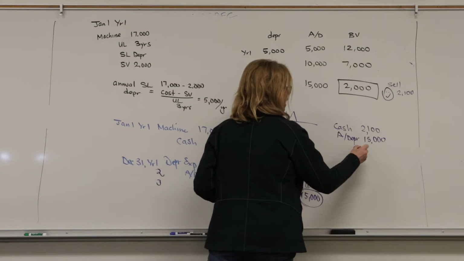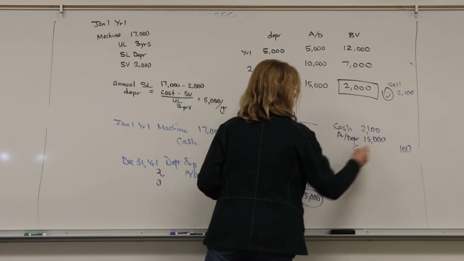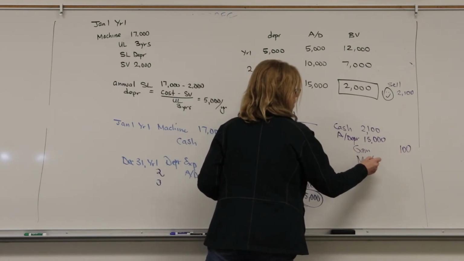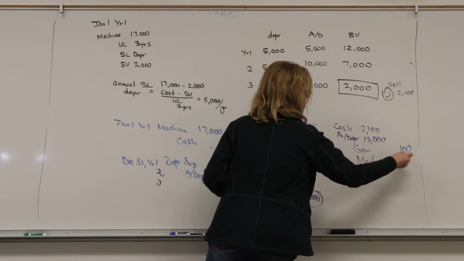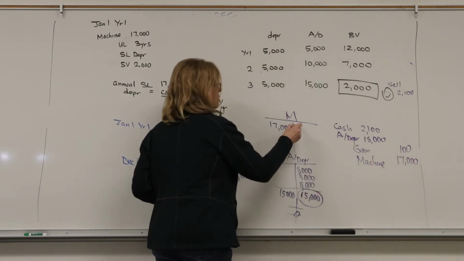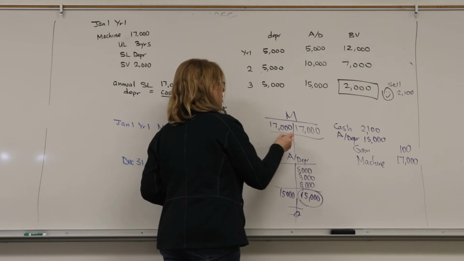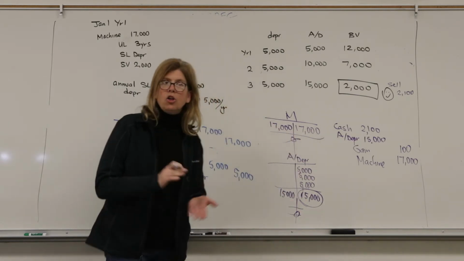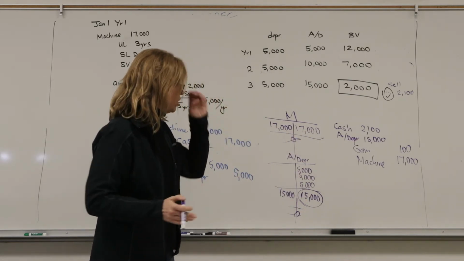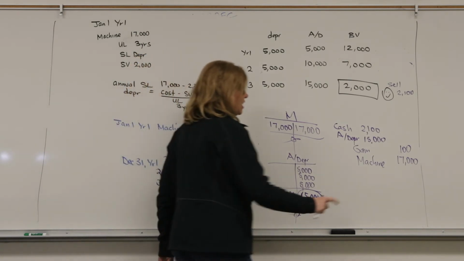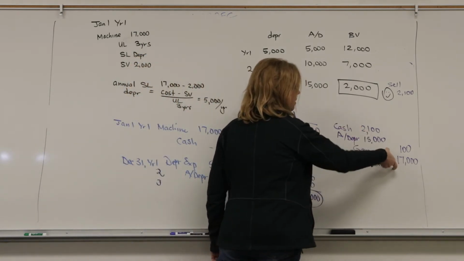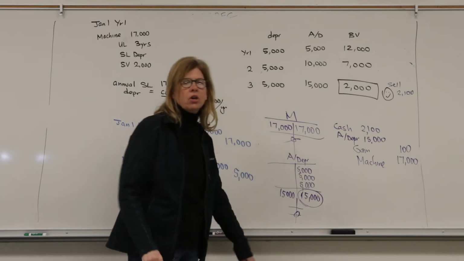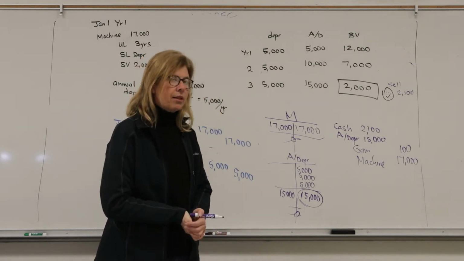Then we've had a gain of $100, and then I need to take machine off of the books, 17,000. So I've got accumulated depreciation off the books, I've got machine off the books, I have $17,100 of debits, $17,100 of credits. We've got this, right?